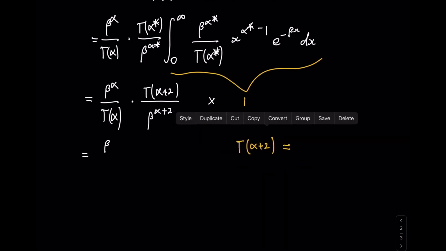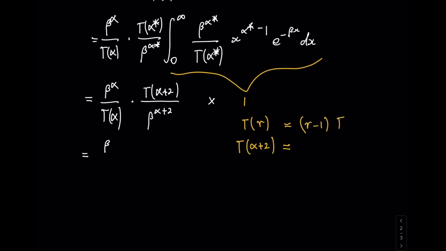Actually, before I do that, let me remind us of the definition of gamma of r in general, which uses the recursive formula (r minus 1) times gamma of r minus 1. So in this case, gamma of alpha plus 2 would be (alpha plus 2 minus 1) times gamma of alpha plus 2 minus 1, which is equal to alpha plus 1 times gamma of alpha plus 1.